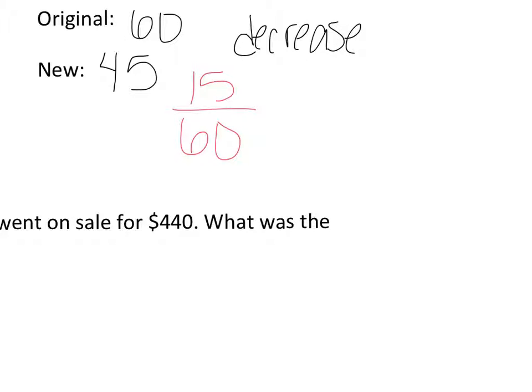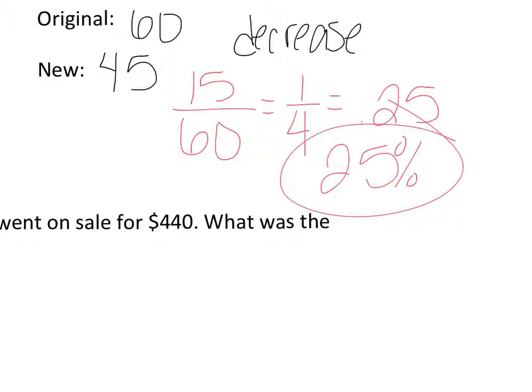I said in our bell work that if you can simplify your fraction, a lot of times it's going to make life easier. In this case, it makes it a lot easier. How can you simplify 15 over 60? You can divide by 15. What is your new fraction? 1/4. What is 1/4 as a decimal? 0.25. And what is 0.25 as a percent? 25%. So it's a 25% decrease.